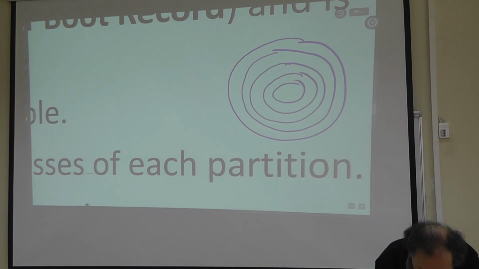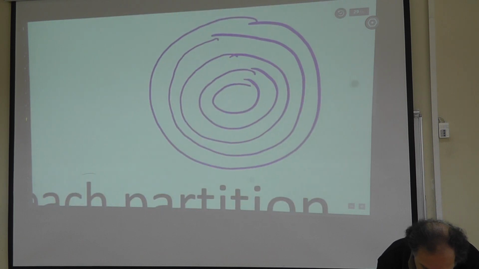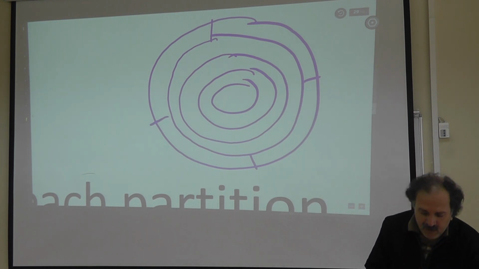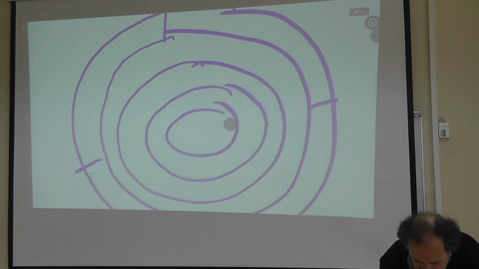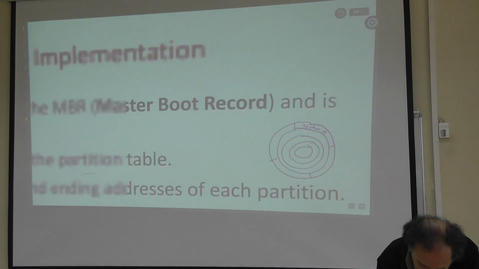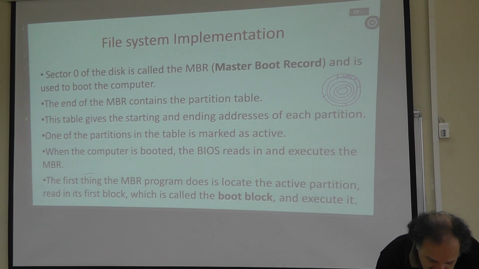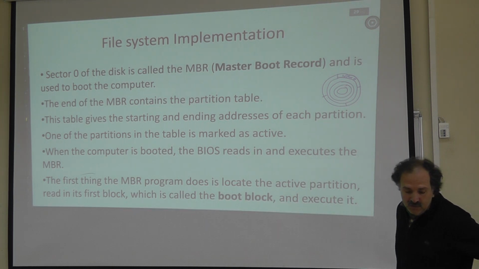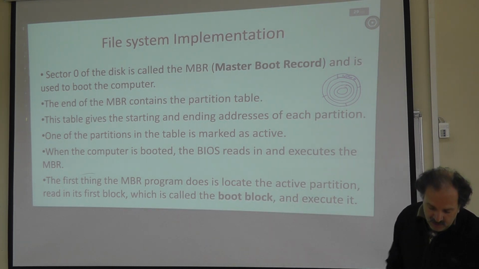Okay, and the outermost track is the important one because it has these sectors, and each one has a fixed number of sectors. And one of these sectors is called sector 0. Okay. And this sector 0 of the disk is called the master boot record, and it is used to boot the computer.